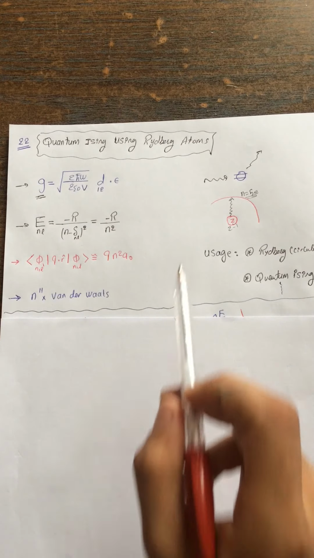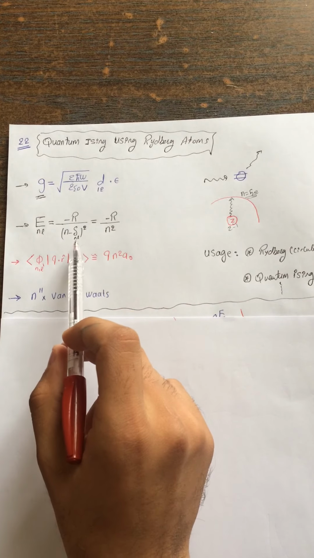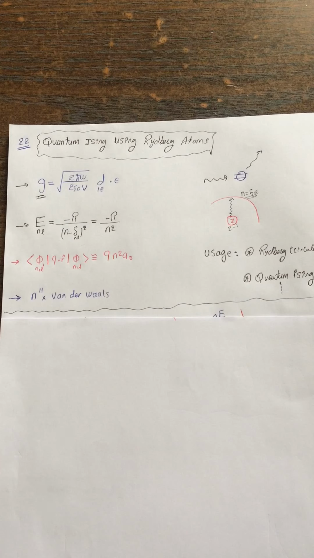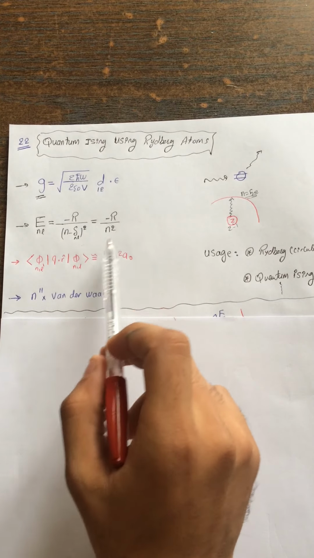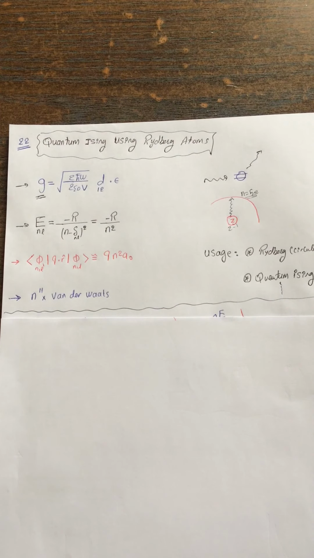So if you look back to this equation again, you can drop this term for the quantum defect, because it is small compared to n, so it becomes the known equation for the R over n square dependence for the energy, with quantum numbers n and l.